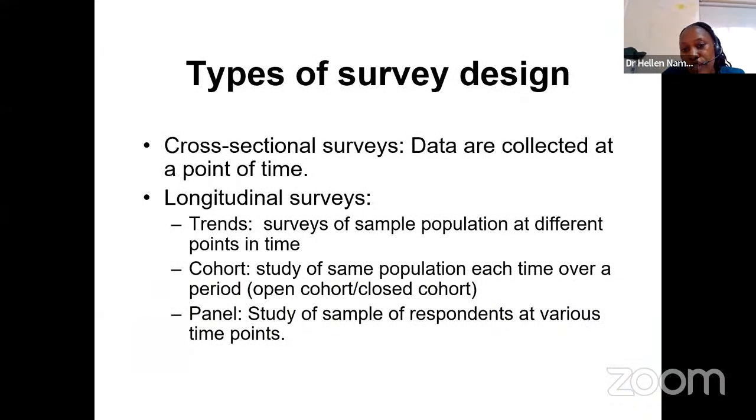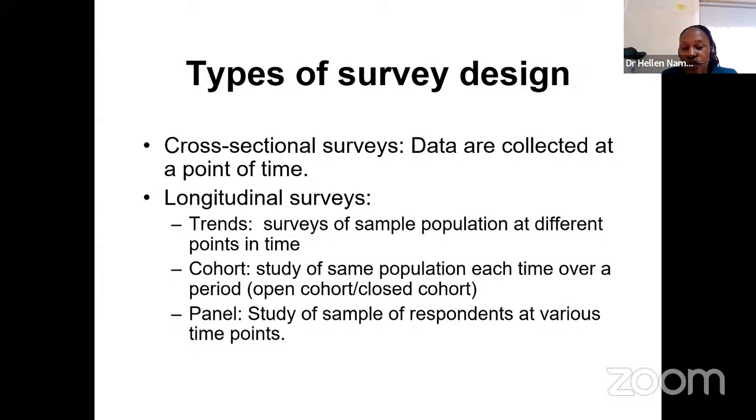We are going to look at some of the types of survey designs that can be used during sampling. Number one, we have what we call cross-sectional surveys. Practically speaking, especially with student theses, they usually conduct cross-sectional surveys, where data is collected at one point in time. For example, you want to understand students' perception towards use of the internet.